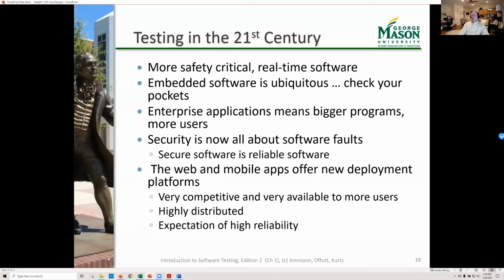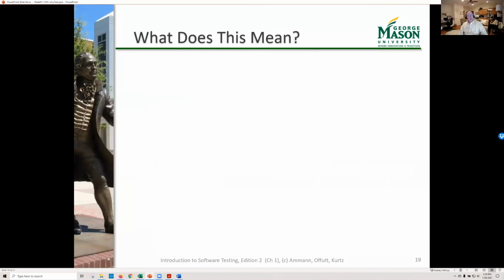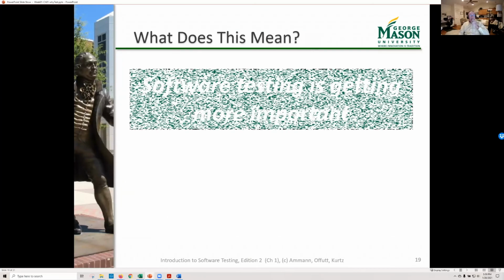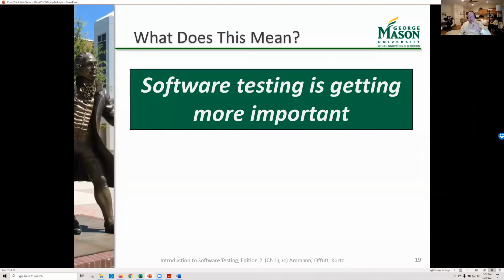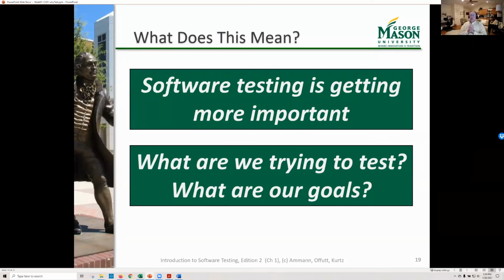If your iPhone shut down once a day, you would quickly decide that it's unusable. So what does all this mean to us? Software testing is more important. And so we need to think about, as software professionals, what are we trying to test and what are our test goals?